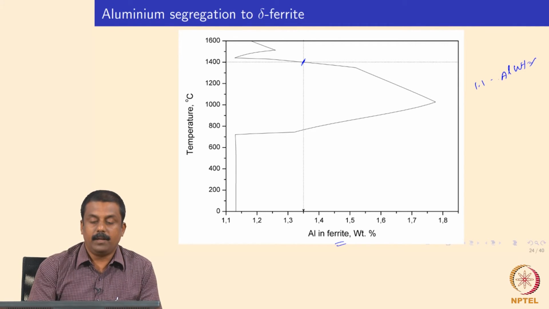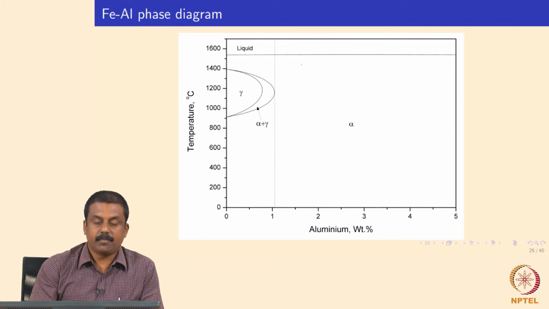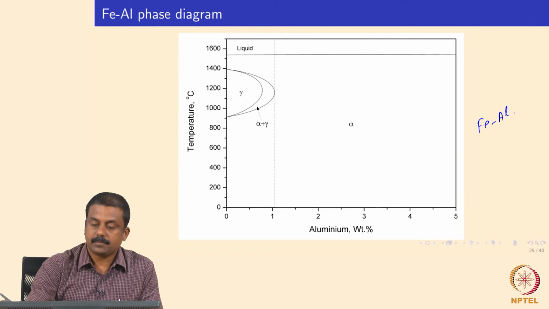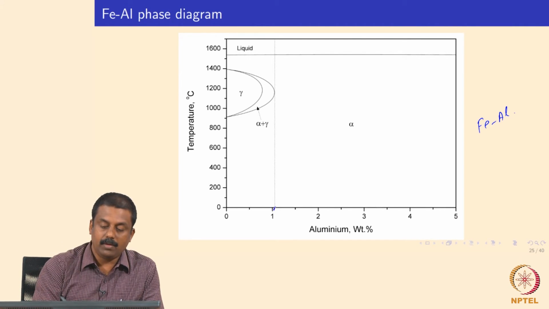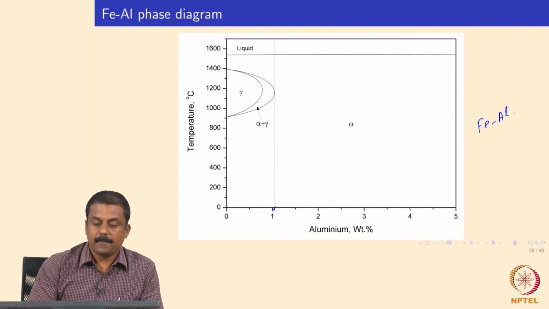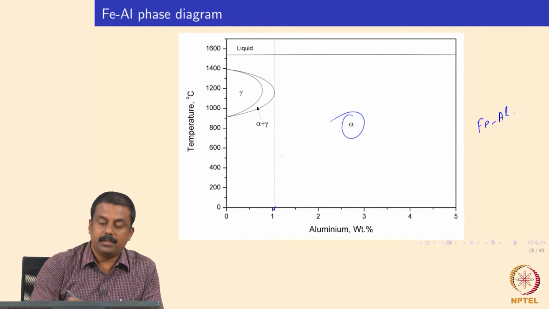Once the aluminum concentration goes beyond 1.2, if you look at a conventional iron aluminum phase diagram, when aluminum concentration goes above 1.2, you stabilize ferrite.